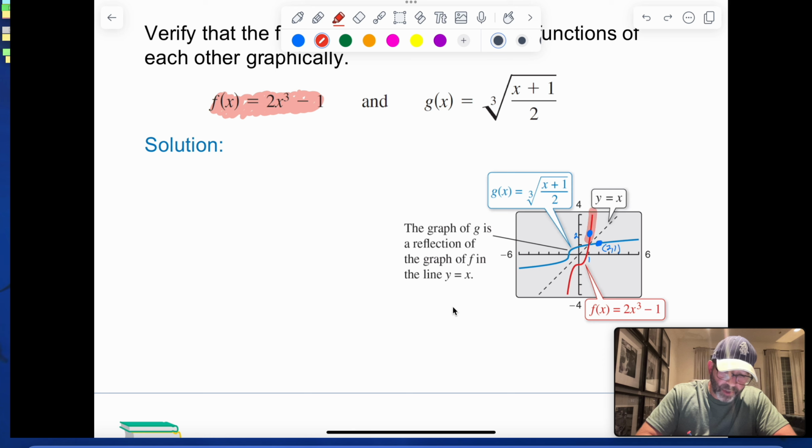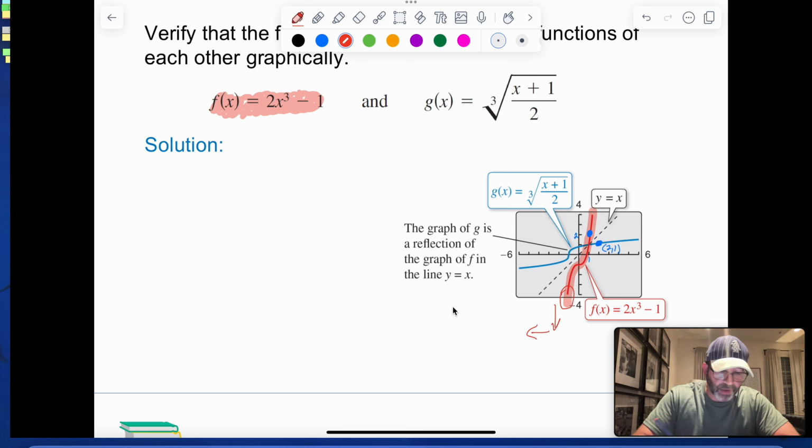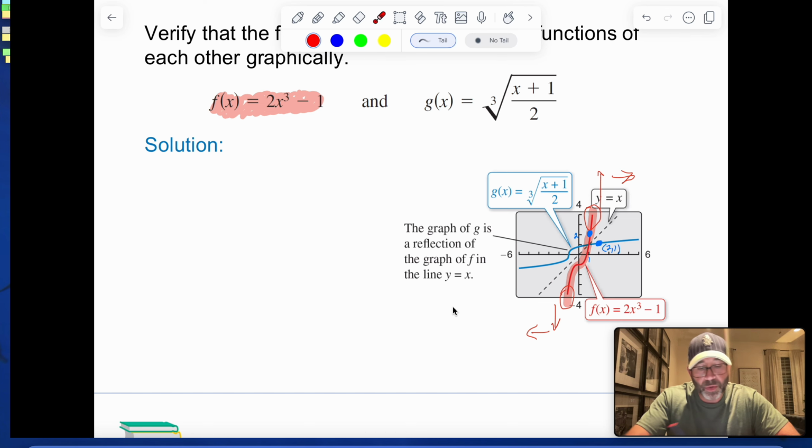When we look at the red function right here, look at how this graph moves as it moves left to right. The end behavior of this graph right here is going down, but it's also going to the left. And the end behavior of this graph right here is going up, but it's also going to the right. And remember that when we're talking about the domain, we only care about the left and right behavior.